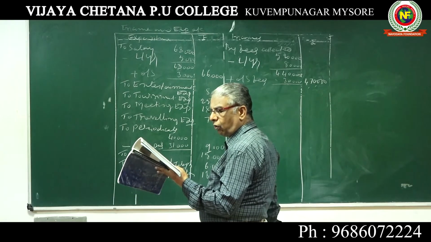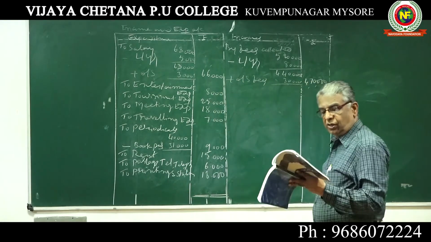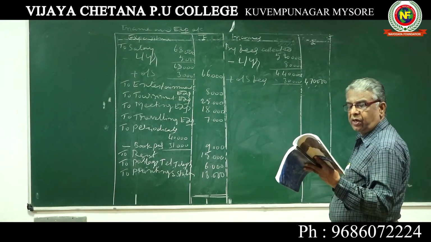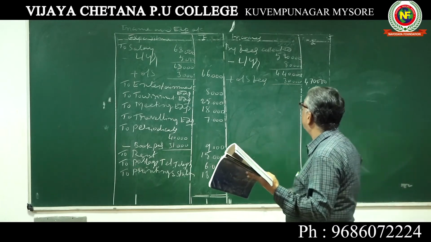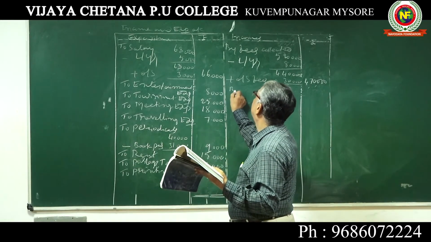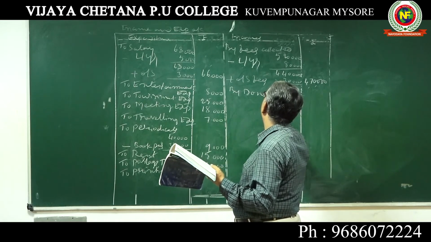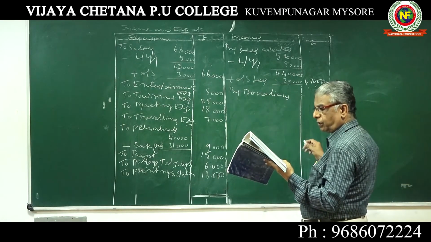And then lastly, donation received is an income. For donation, he has not given any instructions. So therefore, we are going to treat that donation as a revenue income. So by donations, 25,000.